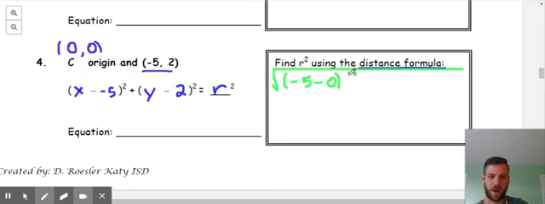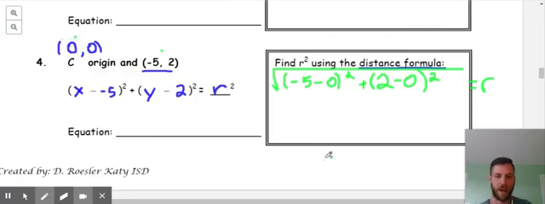And we're going to square that. And then we're going to add that to the difference between the y's. So we have to do the second y minus the first y, which is 0. And we're going to square that. And all of this is going to end up being equal to r, how far away the center 0, 0 is from our other point, -5, 2.